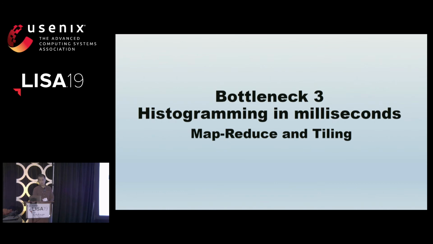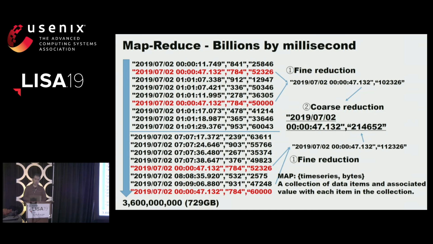Histogramming in milliseconds. We have adopted map reduce and tiling. Map reduce is a really common technique since the researchers from Google published a paper, I don't remember, maybe 2004, about map reduce.